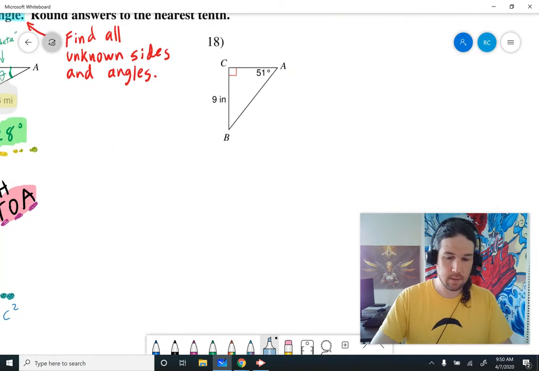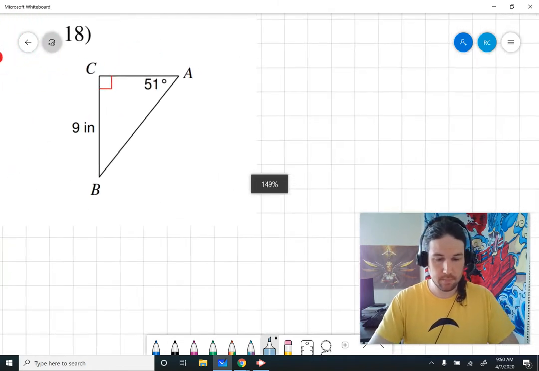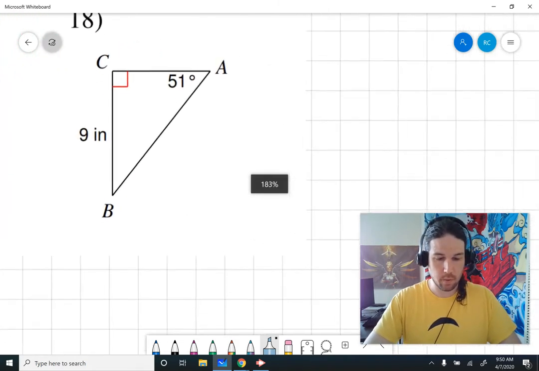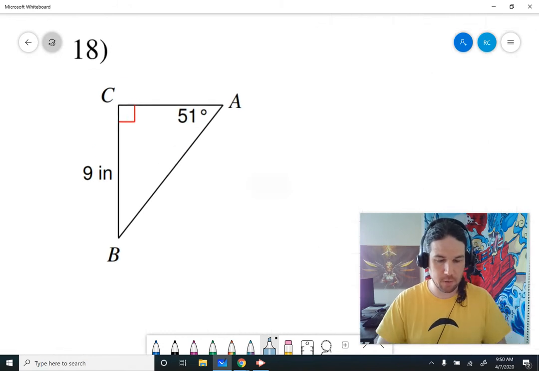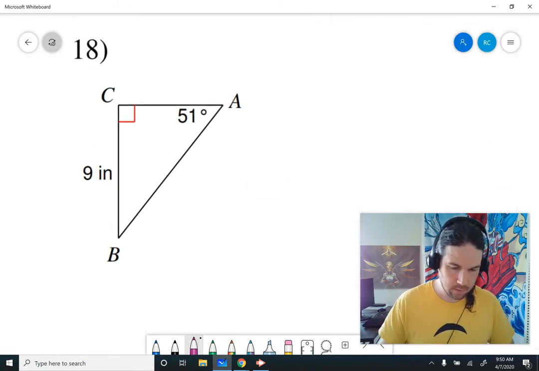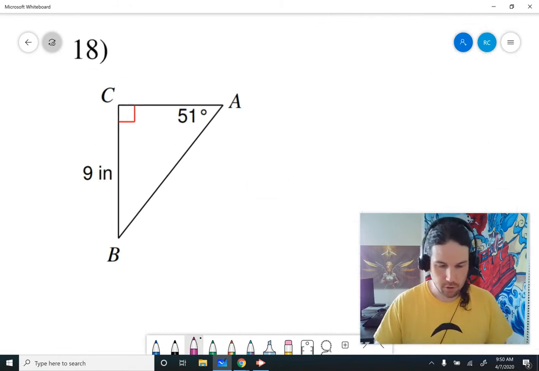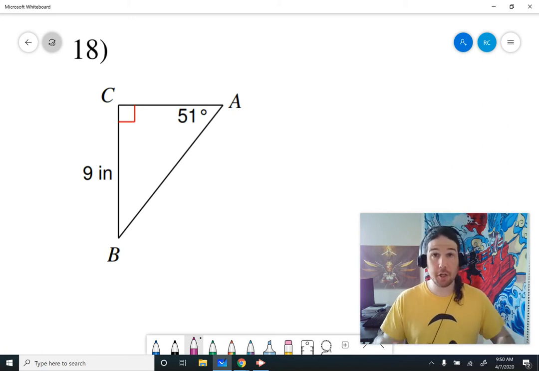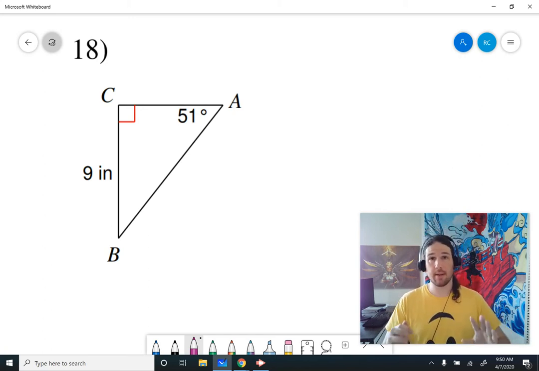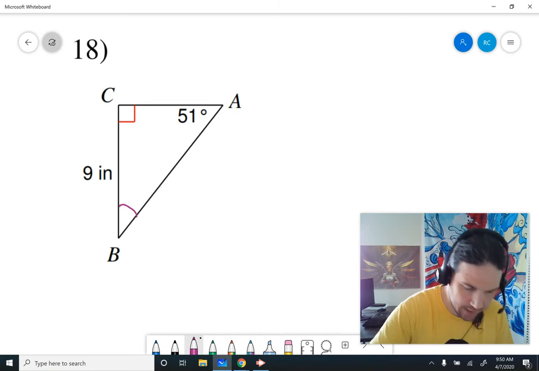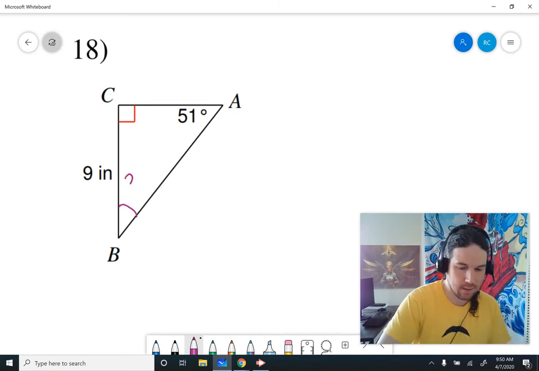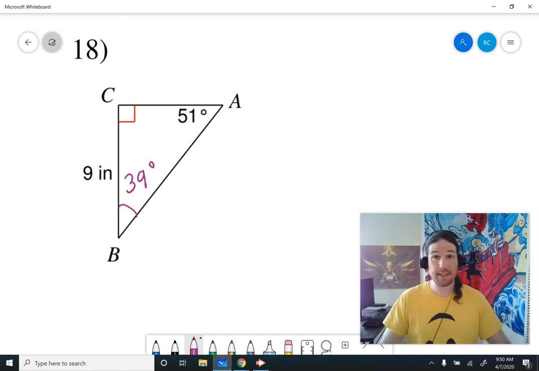Okay, here we go. We've got this other right triangle, and it's got a 51-degree angle. So I am going to show my work here, though. I'm not just going to label this as, what's it going to be, 39? I mean, that's true, but this is a math class.